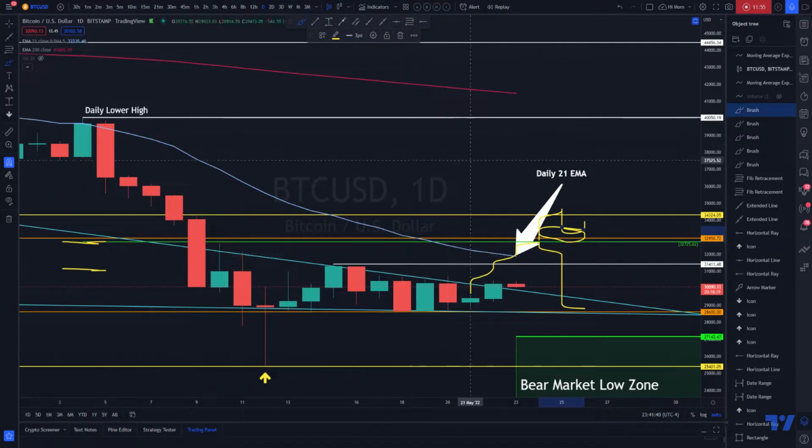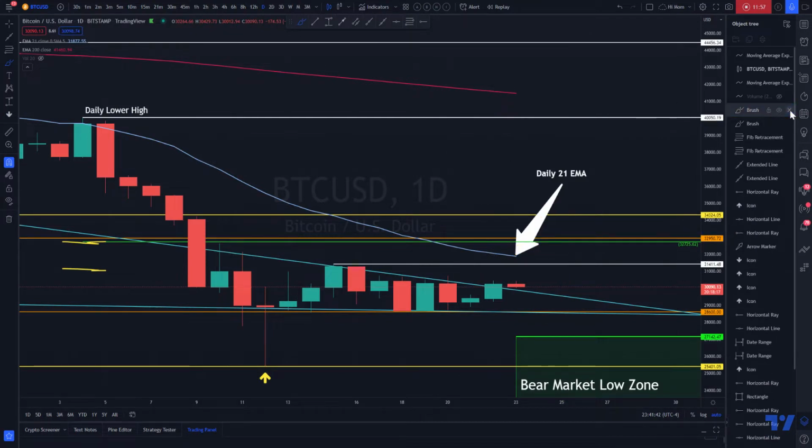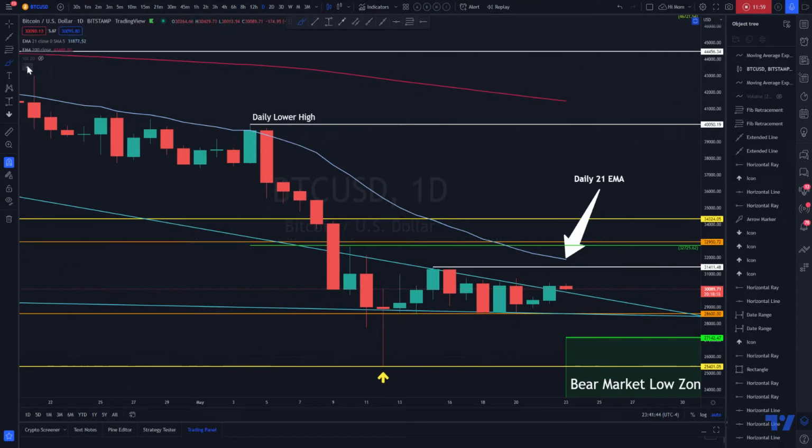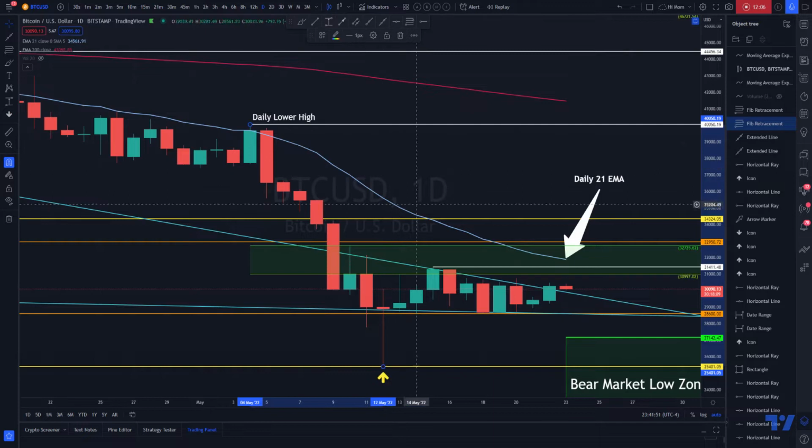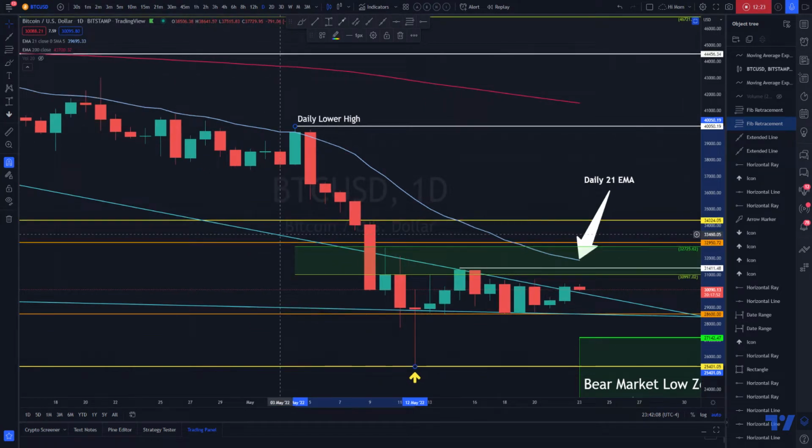Anything below this bear zone, we are more likely to take a trip back down to the lows and retest them, whether it's breaking to lower lows if we get rejected off the 38% retracement, or re-challenging the lows if we get to 32,700. So at 31K, we're breaking to lower lows more likely. If we get up to 32,700, we're more likely to re-challenge the lows. Hopefully that is clear with you all, right?